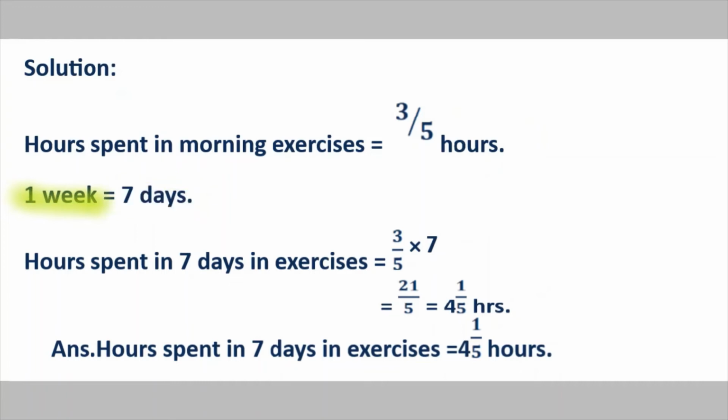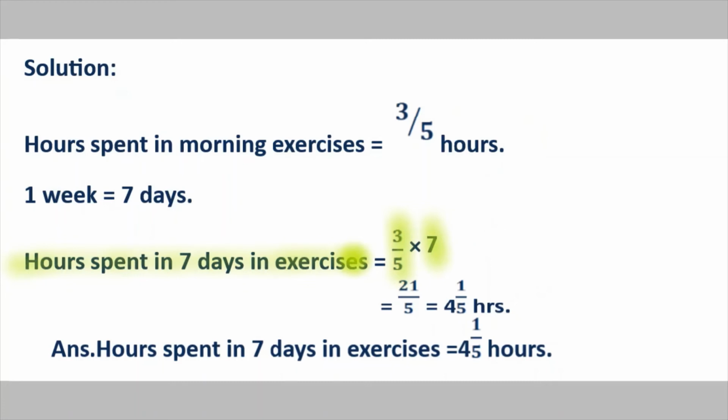So hours spent in 7 days in exercises is 3 by 5 into 7. So 7 times 3 by 5 we have to multiply. This is the usual method of multiplication. We multiply numerators, 3 and 7. And then we will write divided by 5.